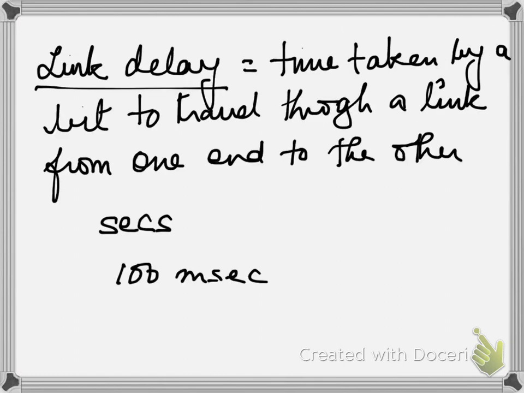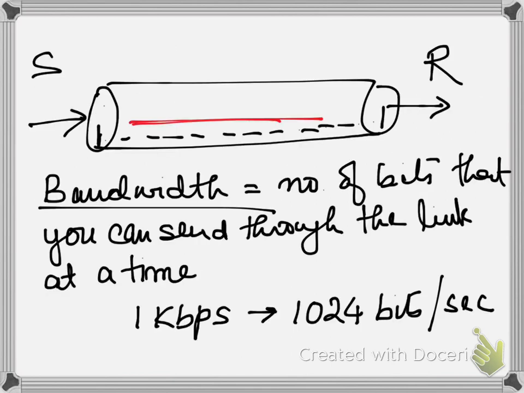Now, another factor is there, that is called the round trip time. Round trip time, or RTT, is the time taken for a segment to be sent and an acknowledgement to be received. So a bit is sent from one end to the other end, and then the acknowledgement comes back from the receiver to the sender.